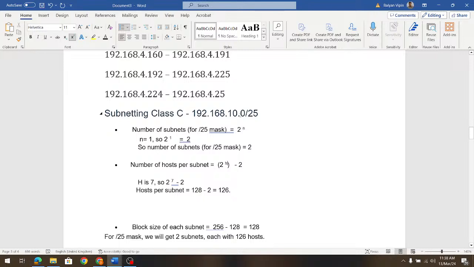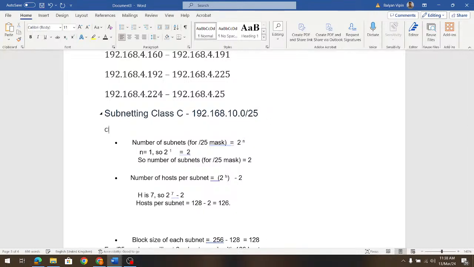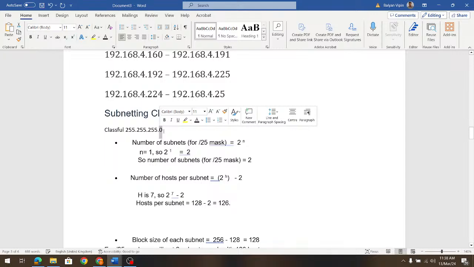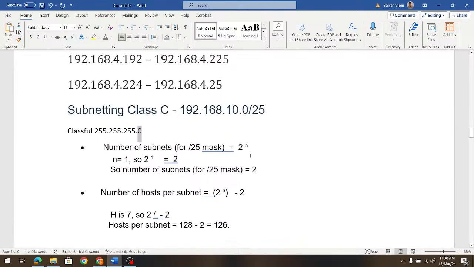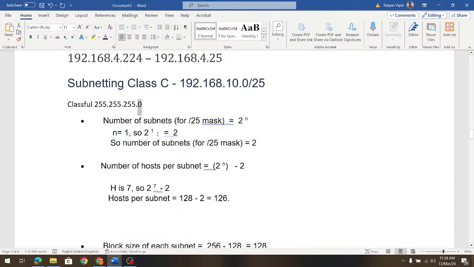7. Why? Because in class C, with respect to the classful mask, my subnet mask is 255.255.255.0. So we can only play around with the last octet. For the remaining octets, we can't do anything else, so we just keep them as they are and work on the last octet.